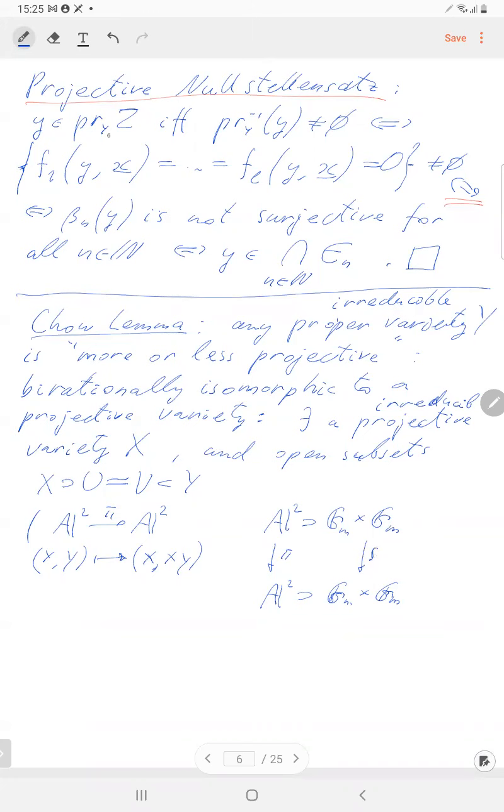Okay, so this is an example of birational isomorphism. So there's a morphism that induces an isomorphism of dense open subsets.